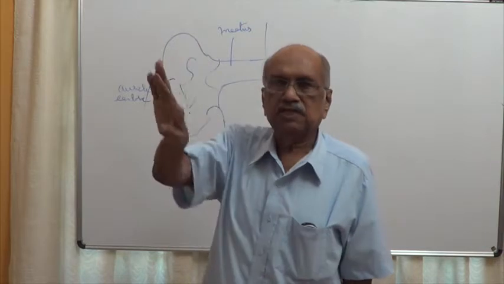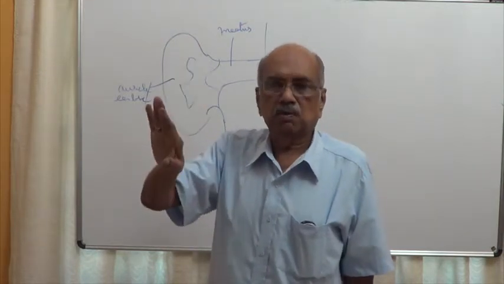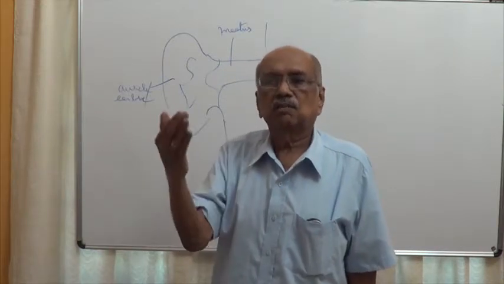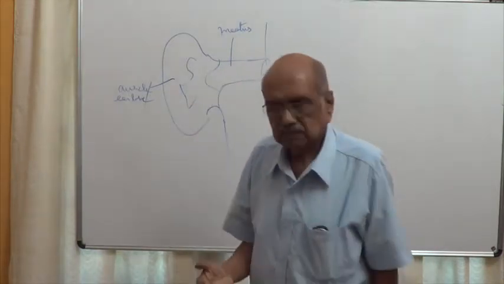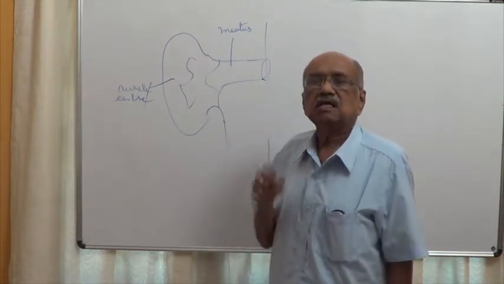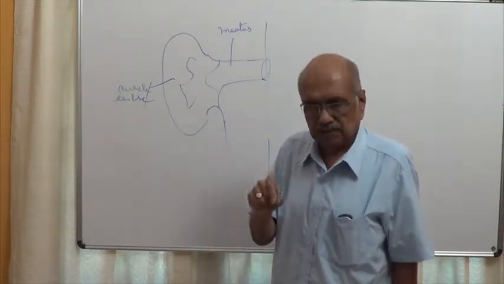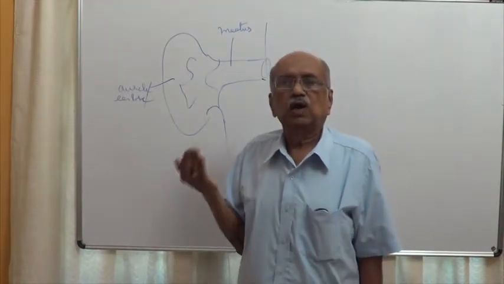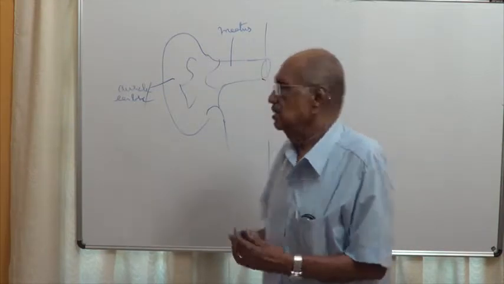Externally, that is on the meatus side, it is covered by skin, and on the inner side, it is covered by an epithelium. Since it can vibrate, it can convey the vibrations of sound to the next part of the ear, which is middle ear.